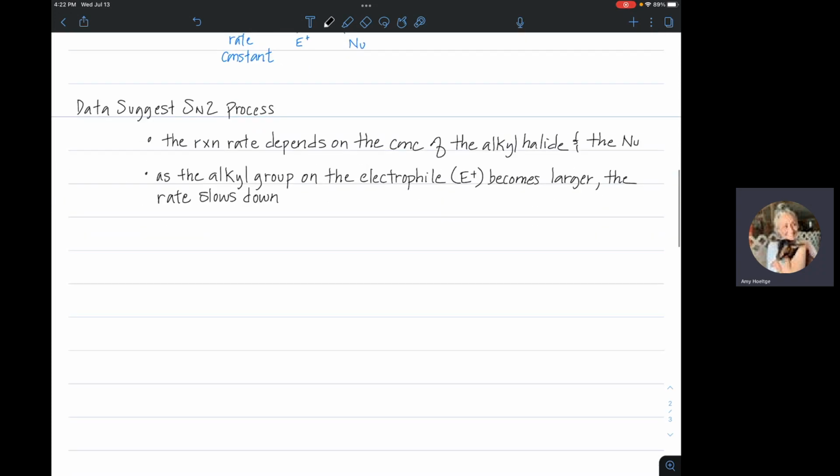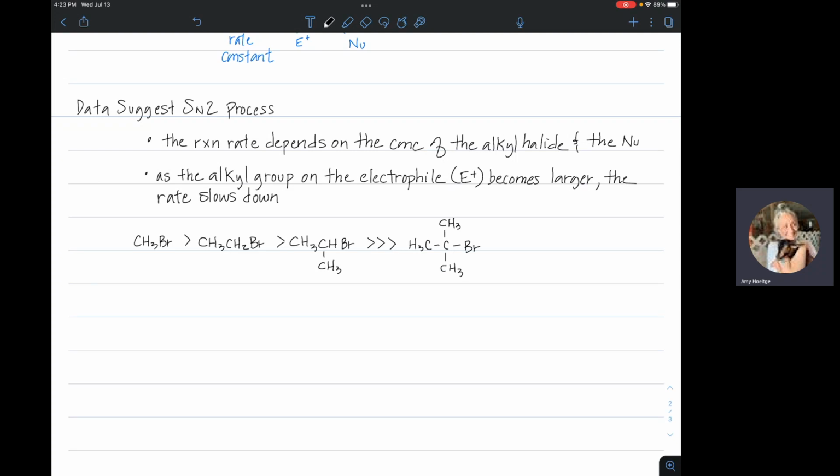In other words, based on experimental evidence, methyl bromide would react faster than ethyl bromide, which would then react faster than 2-bromopropane, which then would react way faster than t-butyl bromide, which, by the way, under this particular mechanism that I'm about to show you, doesn't react.